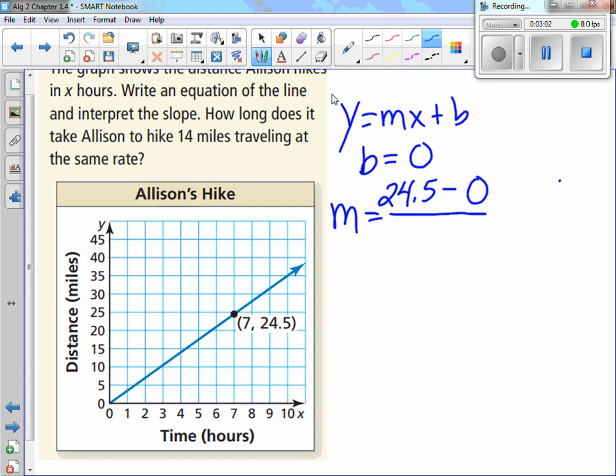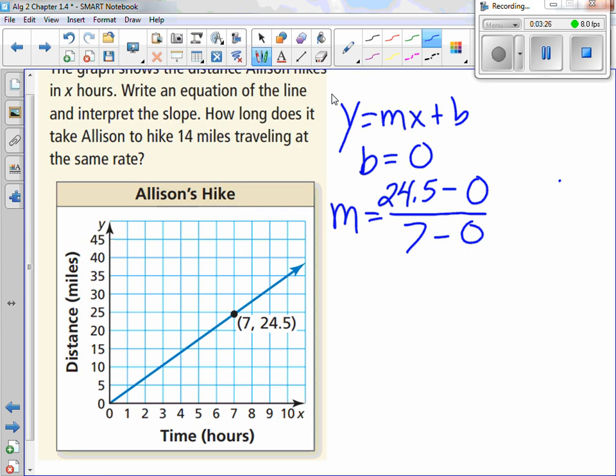Now the x values I have would be 7 and 0. But what number would go first, 7 or 0? This one here is one of the few equations that you've probably dealt with so far with x1, x2, y1, y2 where order matters.